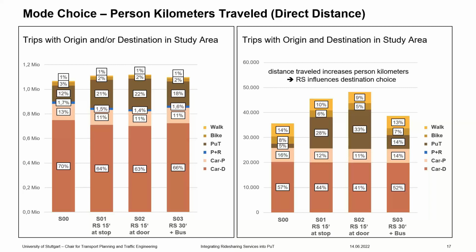The public transport share is always the dark brown colored areas. What we can also see, which is important to acknowledge, is that when we are looking at the trips within the study area, ride sharing also influences the destination choice. So people are traveling longer distances because ride sharing makes that much more attractive.